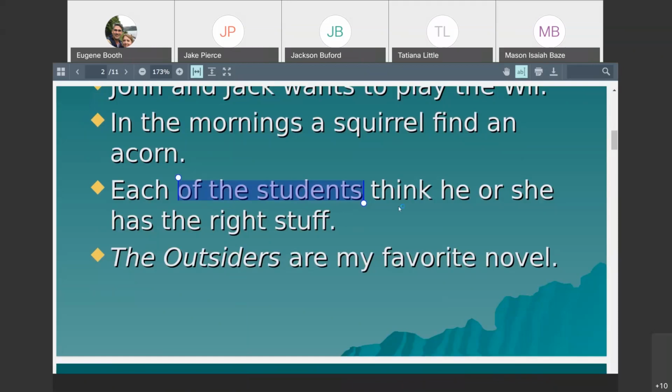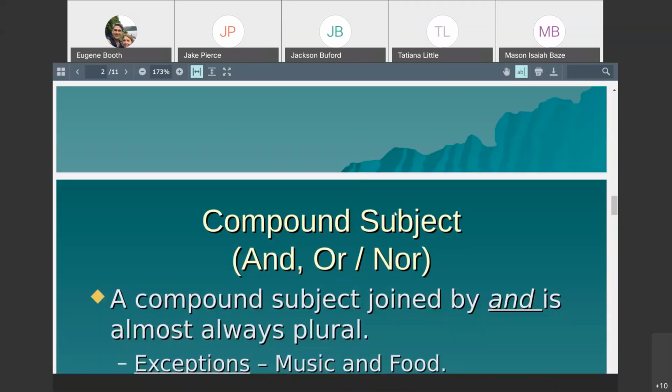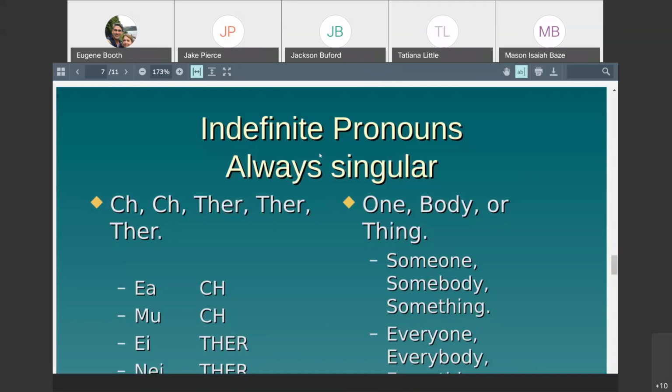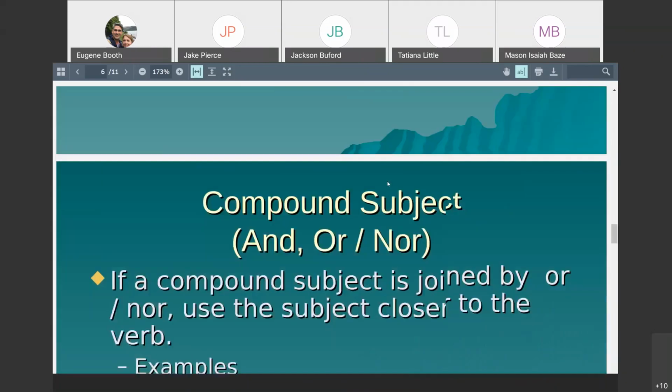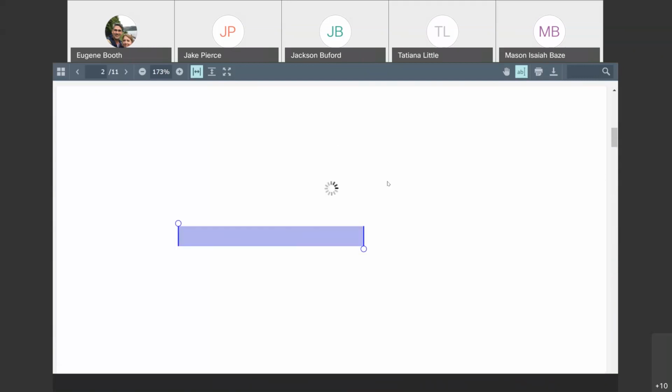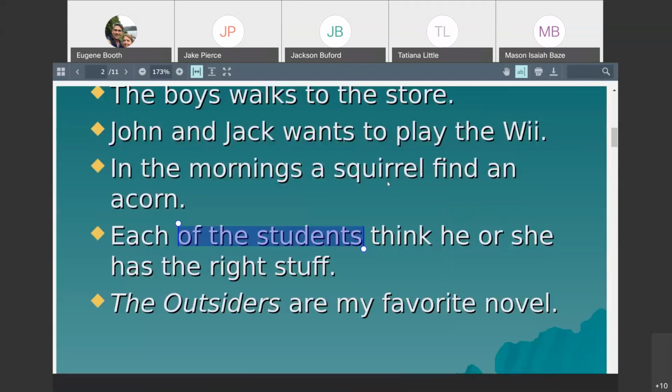No. Let's go back. Let me go back down to the slide right here. Indefinite pronouns always singular. Each is always singular. Okay? All right. I'm going to try to make it make sense, Jake, and I'm going to quit picking on you. I promise I am, okay? So each is always singular.